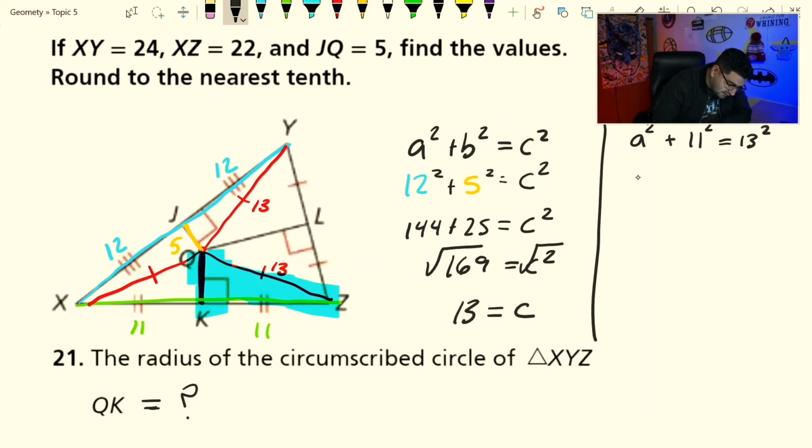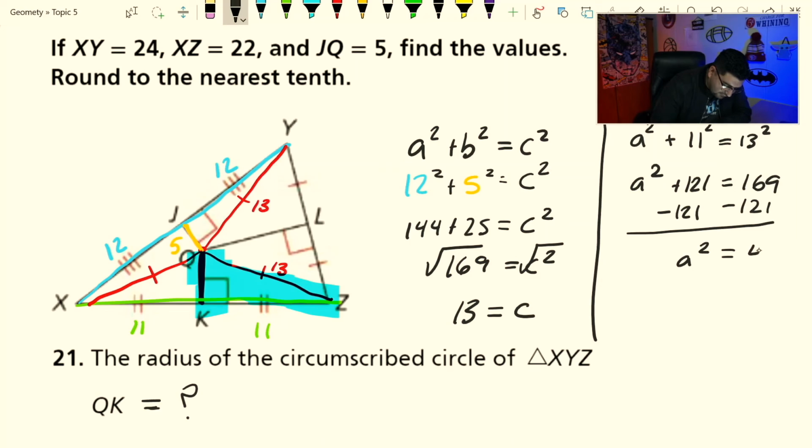And we can solve this. We get a squared plus 121 is equal to 169. We can then subtract 121 from both sides. If you subtract correctly, you should get a squared equals 48. And we get a equals the square root of 48, because we square rooted both sides to get rid of that square.